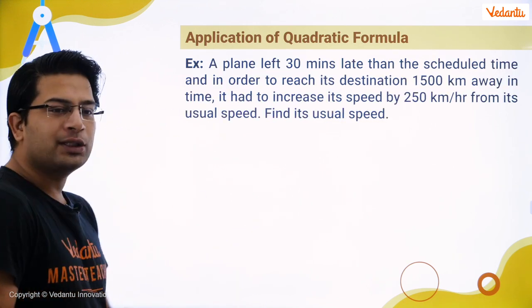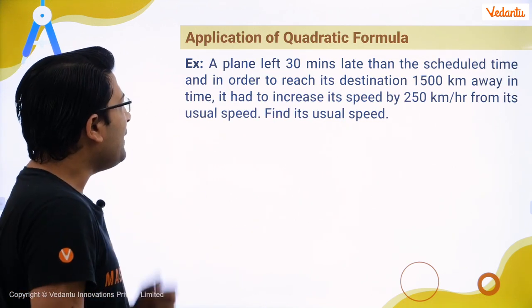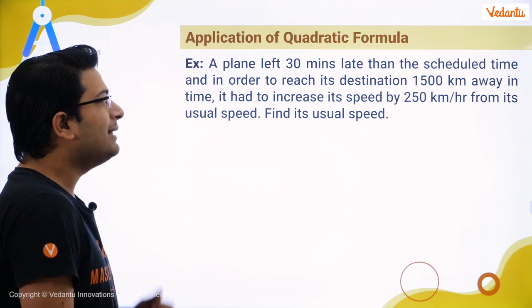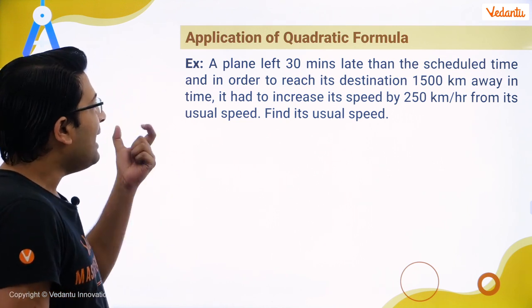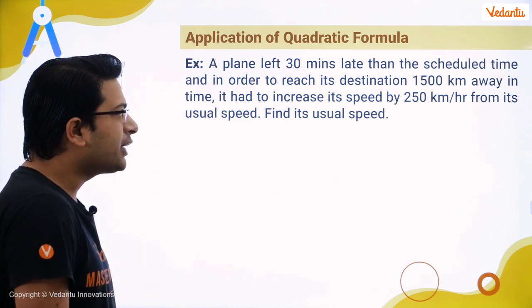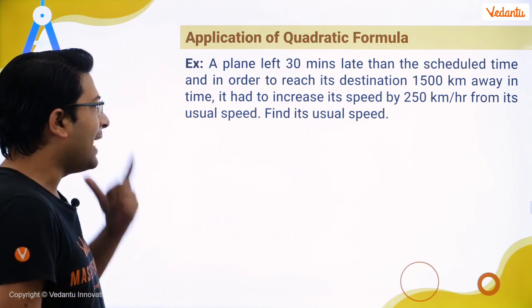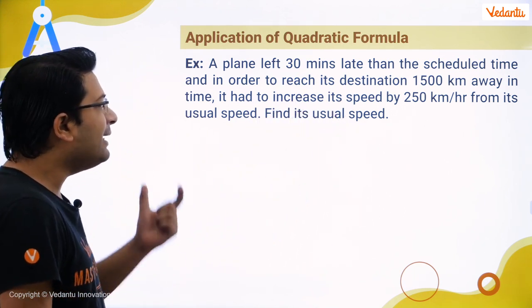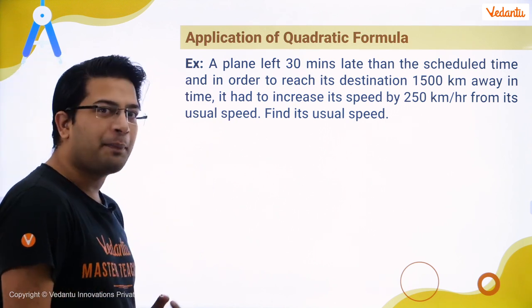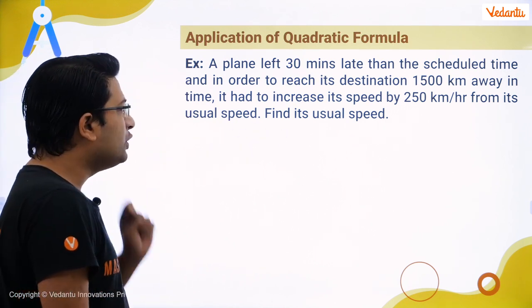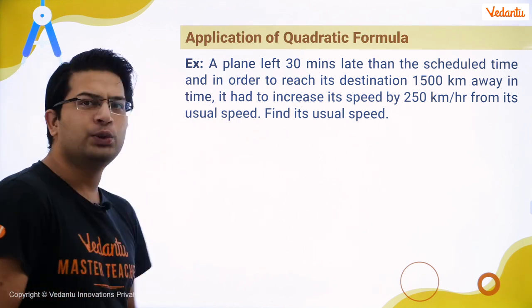Very good. Now look at this question, champ. A plane left 30 minutes later than the scheduled time, and in order to reach its destination 1500 kilometers away on time, it had to increase its speed by 250 kilometers per hour from its usual speed. Find its usual speed.